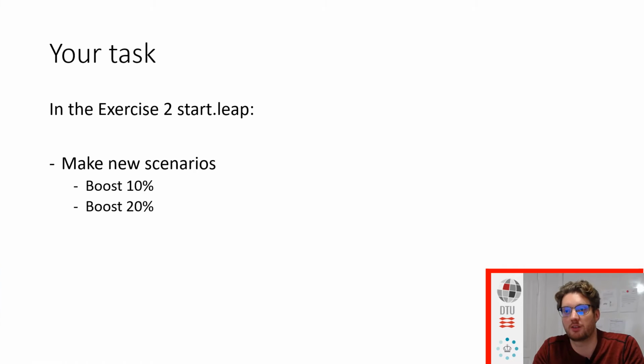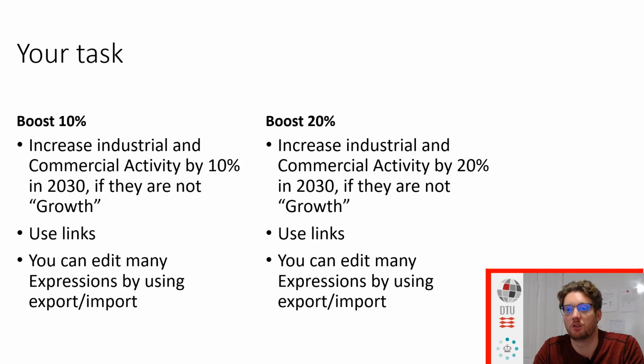Your task in exercise 2, starting with exercise 2.start.leap, is to make new scenarios. One where industry is boosted 10% and one where industry is boosted 20%. There is a baseline scenario already that has everything filled out. That's one way of starting it.